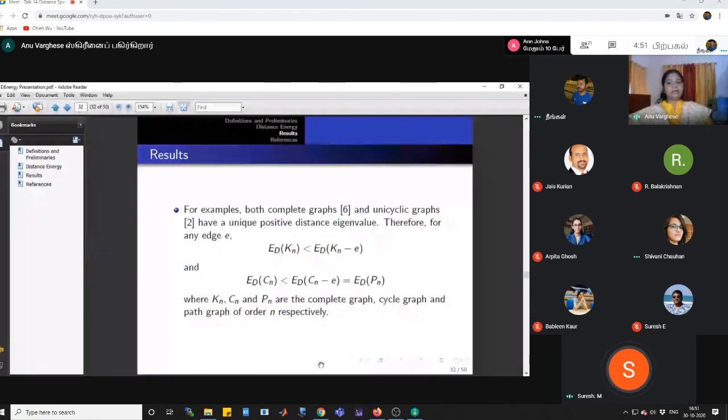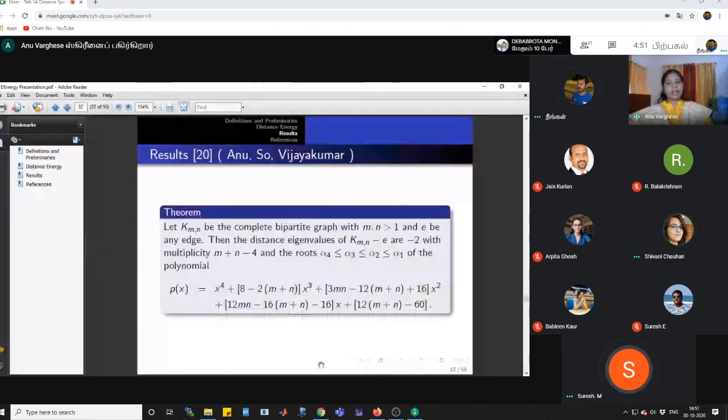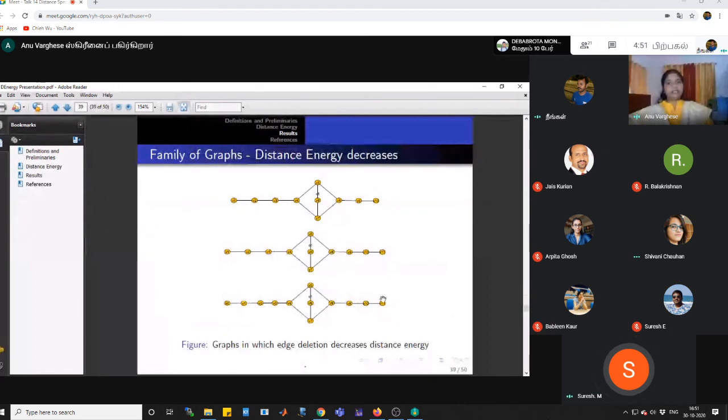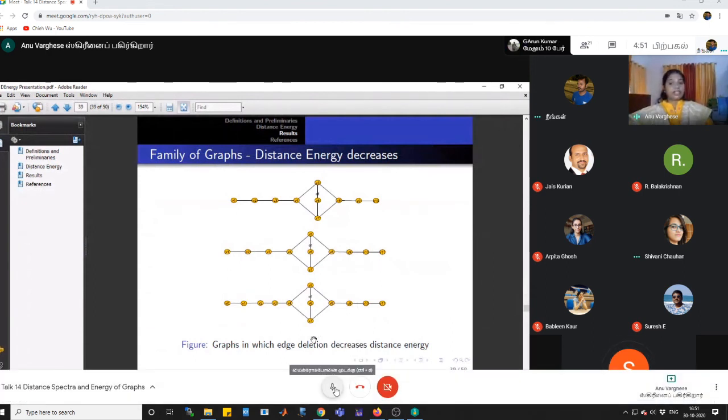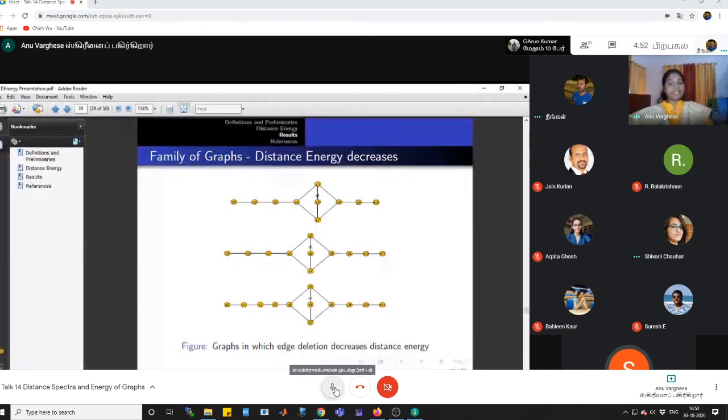In that example, if we add a pendant edge, then the energy will increase. The other case, in the case of C, the energy on edge deletion, the energy will decrease. Not edge deletion, on edge addition. Is it clear for you? Okay.